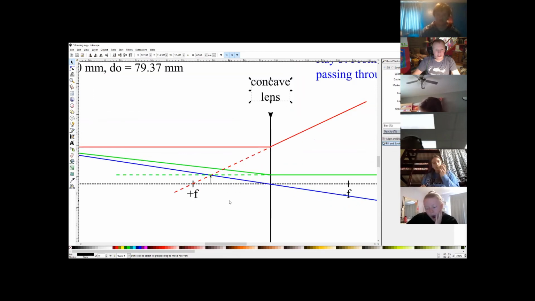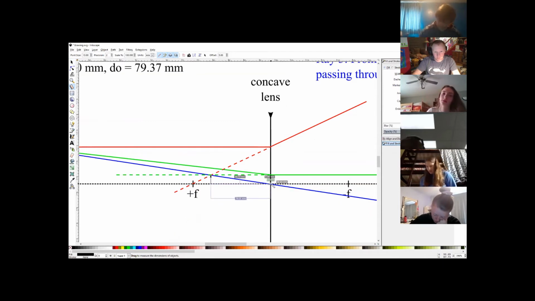We can measure the distance again, just so if we get to it, we can make that calculation. I get 19.28.